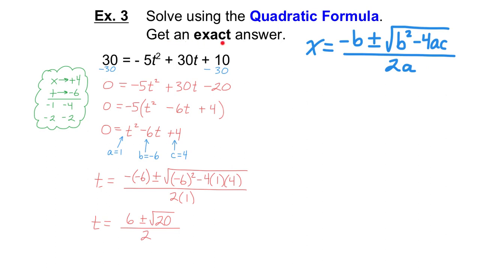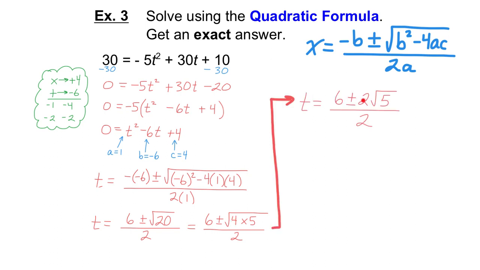Now that is an exact answer, which is what we're asked to get, but let's simplify this as much as we can. We can simplify the radical. The square root of 20 is the same as the square root of 4 times 5, and the square root of 4 is 2, so that's 2 root 5. So I've got 6 plus or minus 2 root 5 divided by 2.